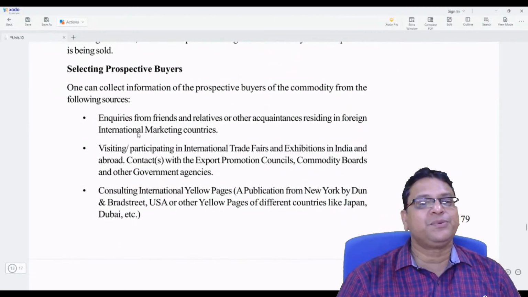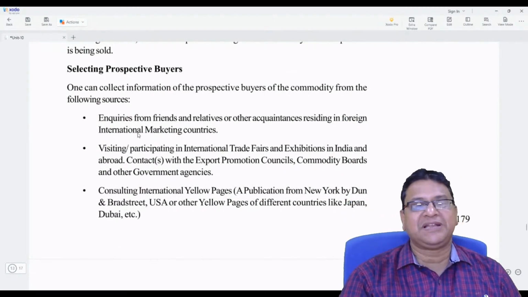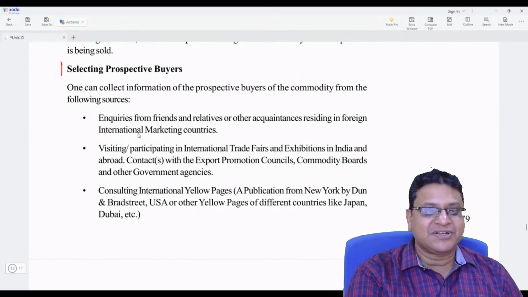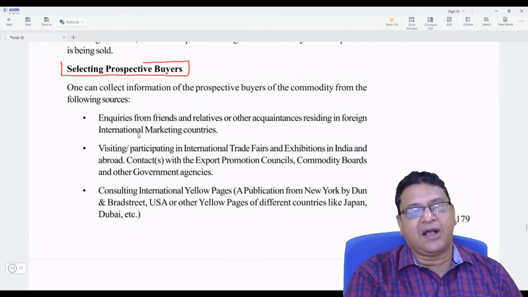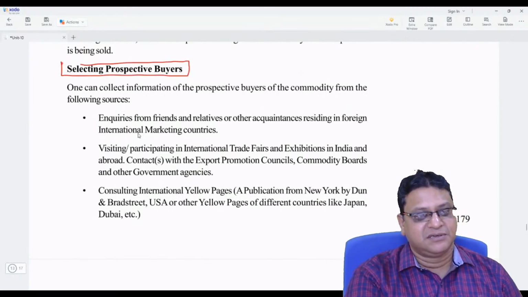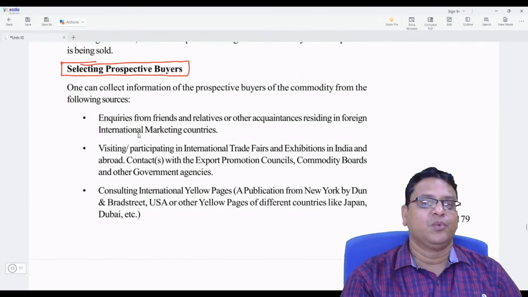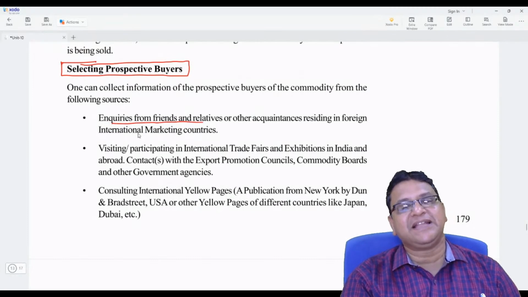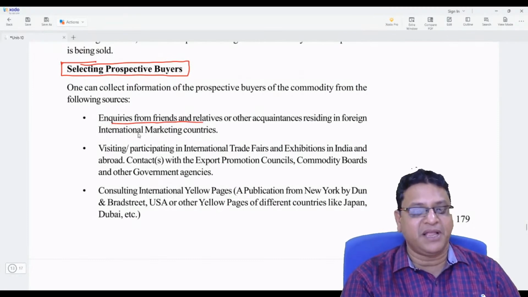Next, how you can select prospective buyers. From where can you find prospective buyers in case of international marketing? You can obtain prospective buyers in the following ways. By inquiries from friends and relatives, you can get international buyers.